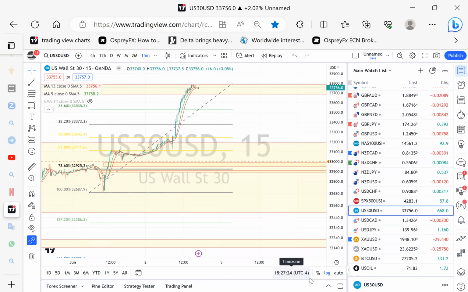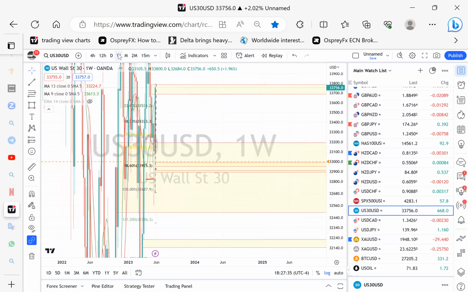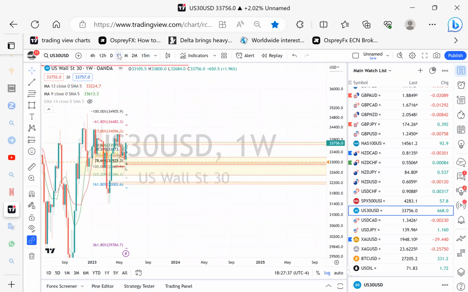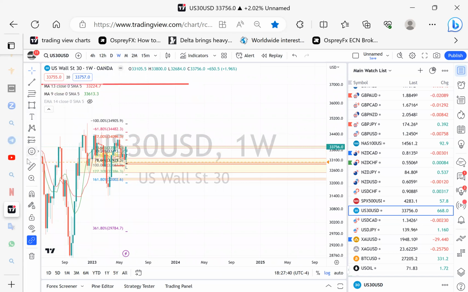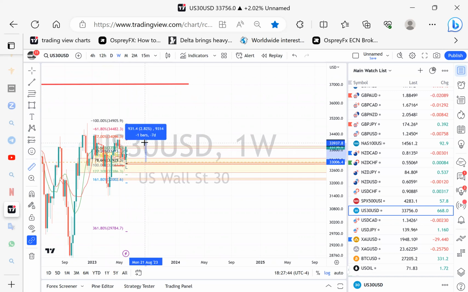If you have a funded account, this is a perfect area to buy, and you can swing that puppy, right? You don't have to try to max your lot size out. You can just hold that trade. And the US 30, you can hold it from here, and you can look to take profit.